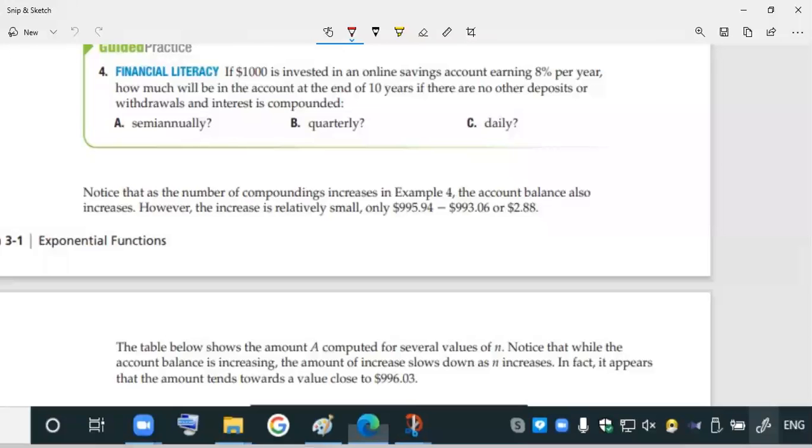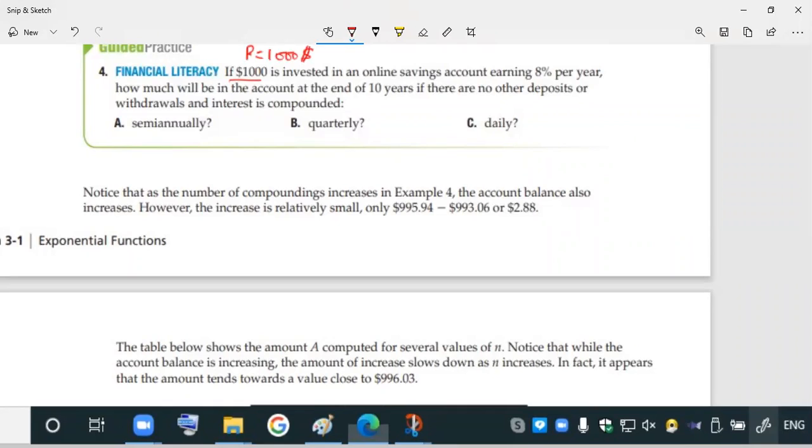Okay, so now we are doing this question. If $1,000 is invested, that means this will be the P. P, the principal, is $1,000.